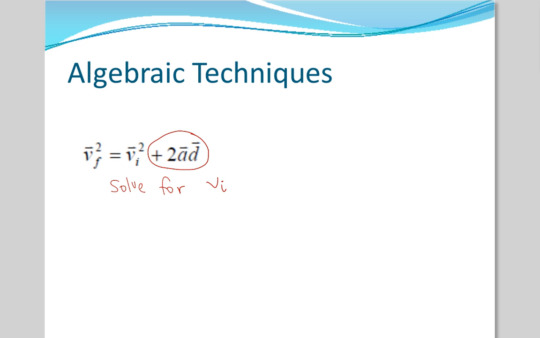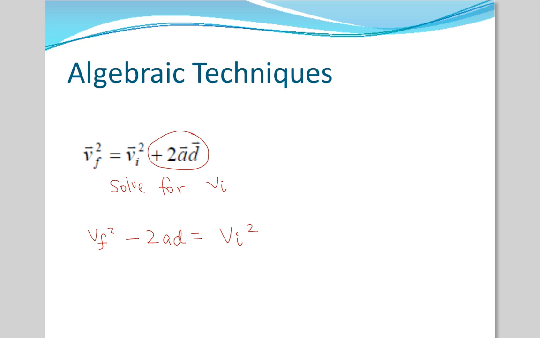Why do you have to move this 2AD? Because VI needs to be isolated by itself. So this whole 2AD has to get out of there. So is 2AD positive or negative on the right? So on the left, 2AD has to be negative. So you have VF squared minus 2AD, and that equals VI squared. Now if I want to isolate for VI, how do I deal with the power 2 here?